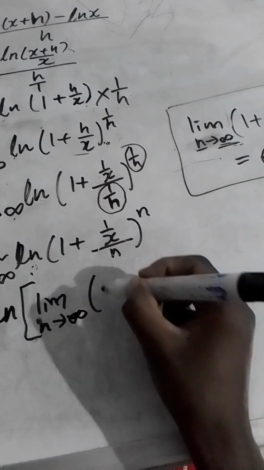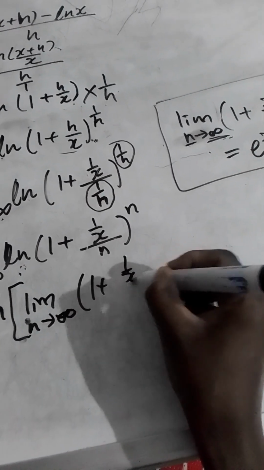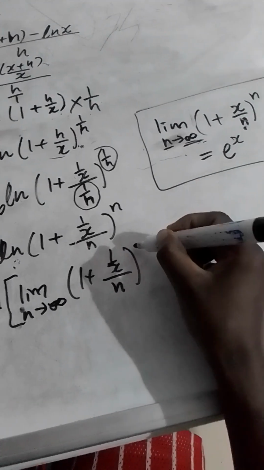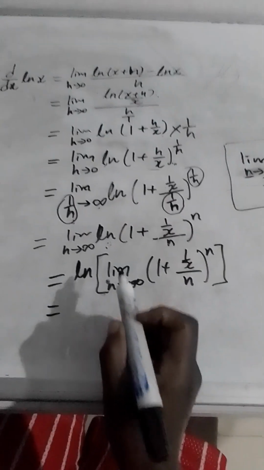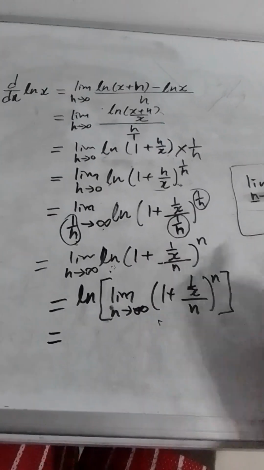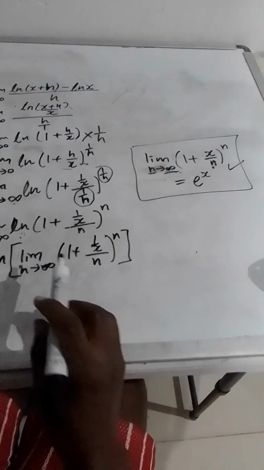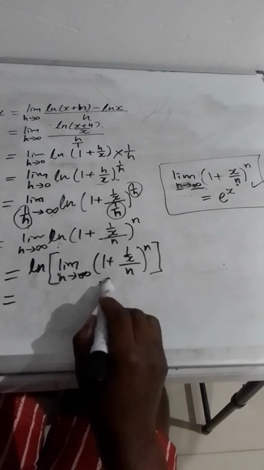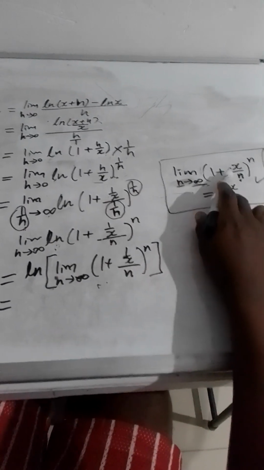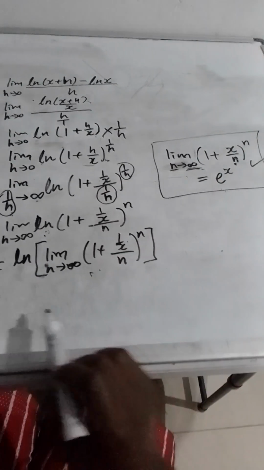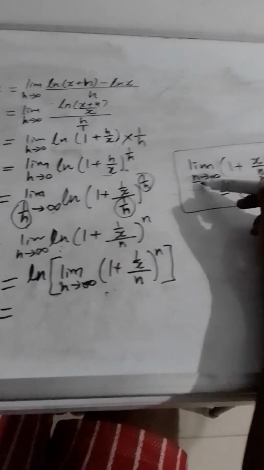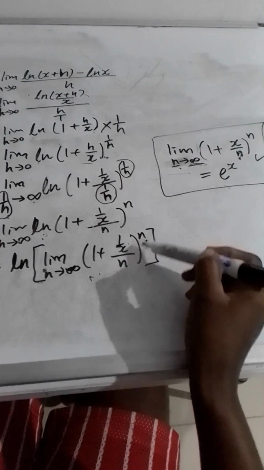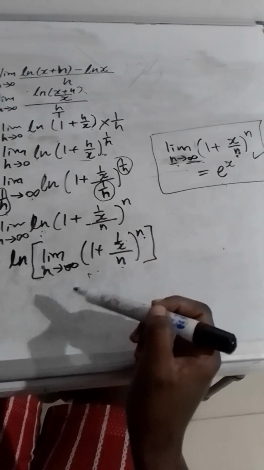And then of what? 1 plus 1 over x over n, all to the exponent n. And so this gives us exactly the result that is there, except it's not x but 1 over x at the top. But n is in the same place everywhere: bottom, top, here at the limit.